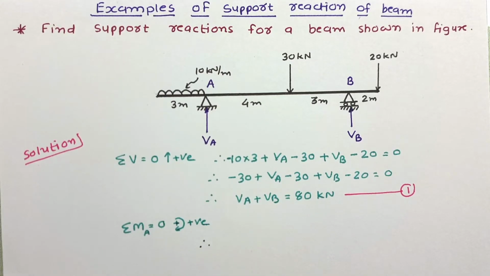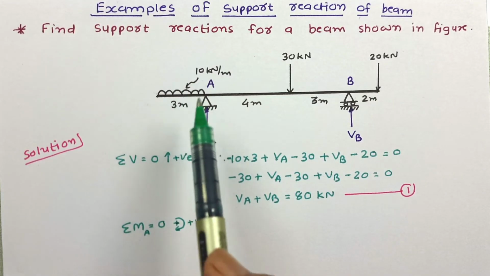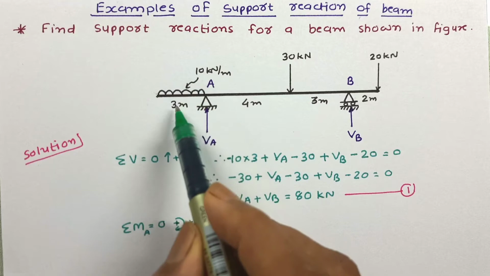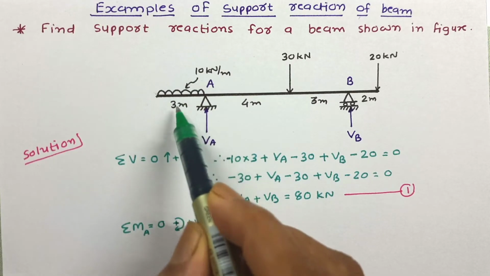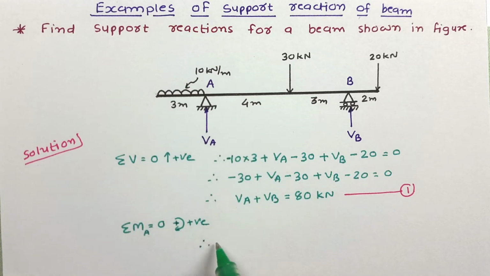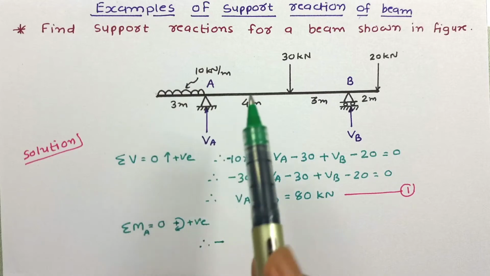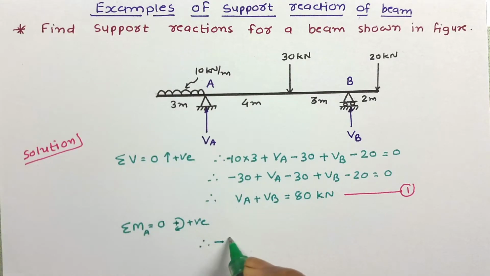So now let us take the moment about the point A. Start with this UDL, it is acting in anti-clockwise direction. Anti-clockwise direction is negative, so we'll put a negative sign here. Force is 10 into 3, that is 30. So here we will write 10 into 3.